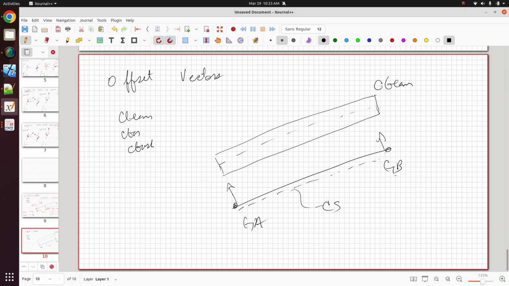Here, this offset, I'll call it O1. It's a vector in the displacement coordinate system of GA. And here, this offset, I'll call this vector O2, is in the displacement coordinate system of GB. So again, these vectors are defined in the displacement coordinate systems. I wanted to point that out.